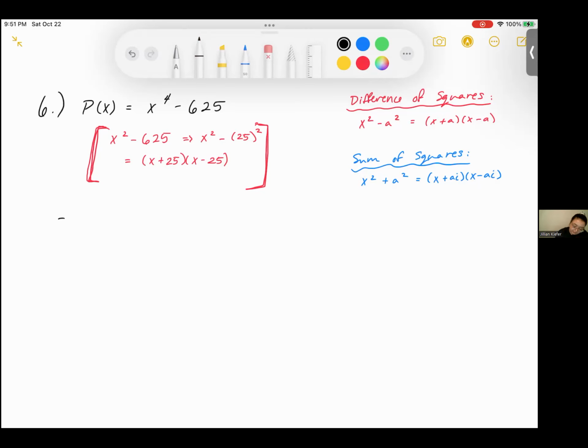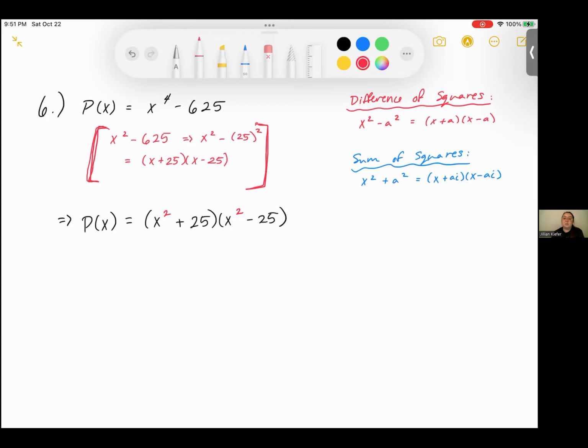So for p of x for us, which has x to the power of 4, it would factor into x squared plus 25 and x squared minus 25. So that is going to be the difference. We're going to write that in red here instead.